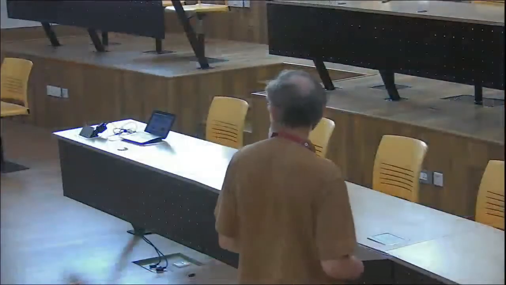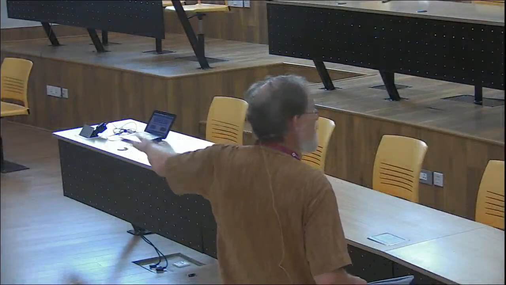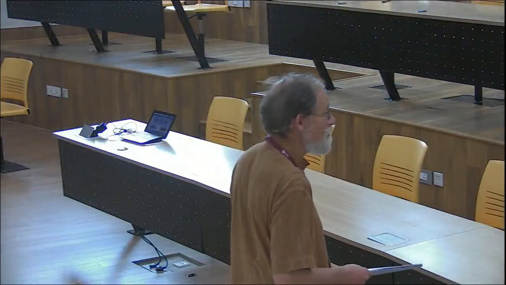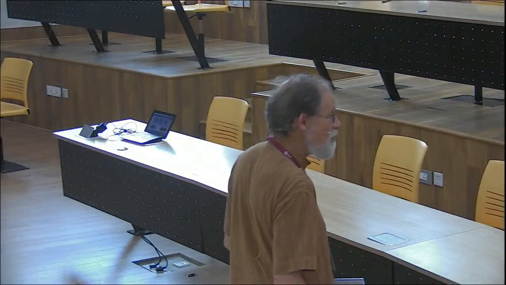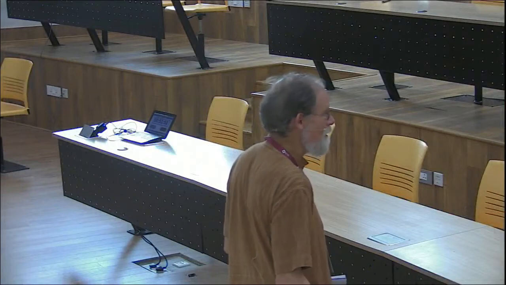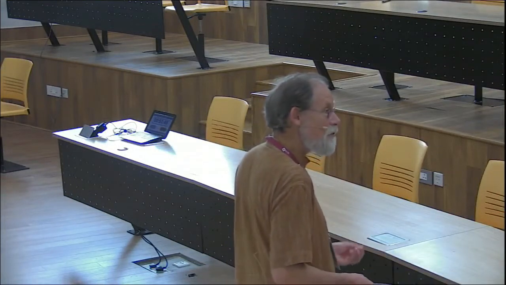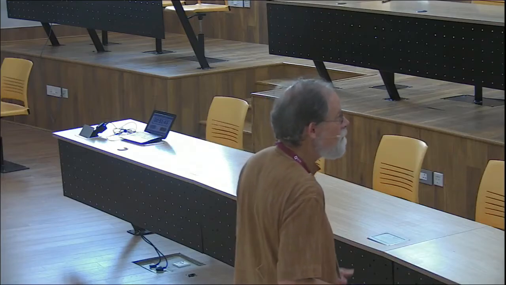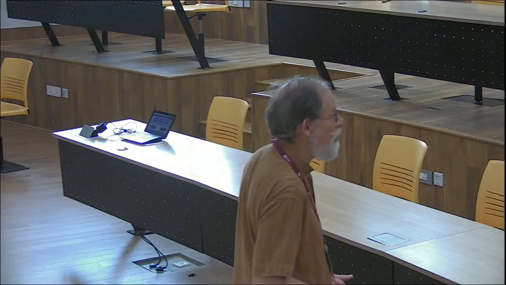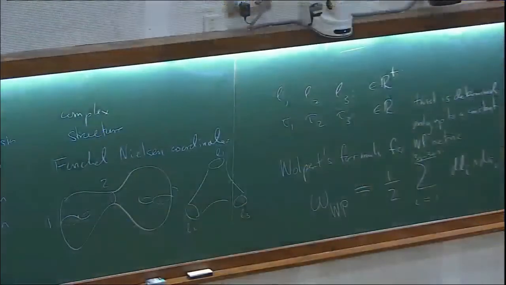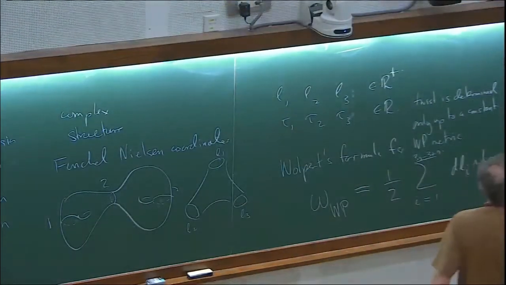So the fact that you get something independent of the pants decomposition says that this two-form must be something that matters. That's a clear message that this two-form has to be something kind of natural. So it's independent of the choice of pairs of pants.